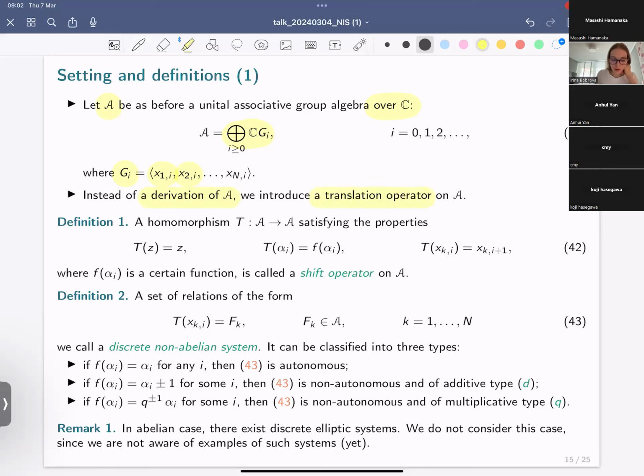As I've already mentioned, instead of the derivation of A, we will consider a translation operator or shift operator. We will call a homomorphism T from A to A that satisfies the following properties.